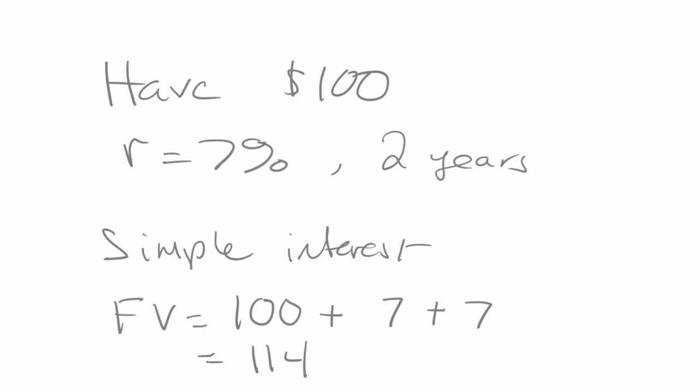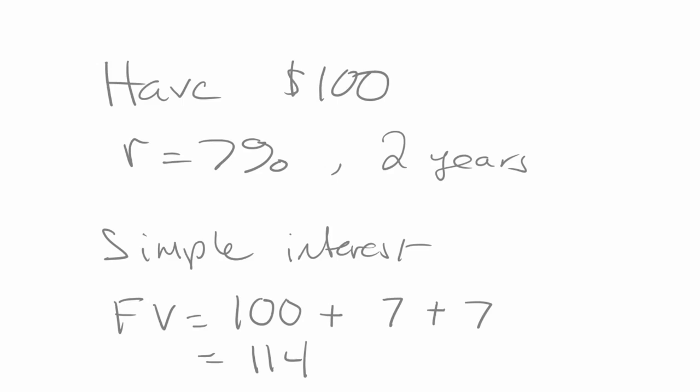Well, under something called simple interest, my future value, so what I'd have at the end of 2 years, would be my principal plus my first interest payment of $7 plus my second interest payment, $7, or $114. So we get the interest twice.